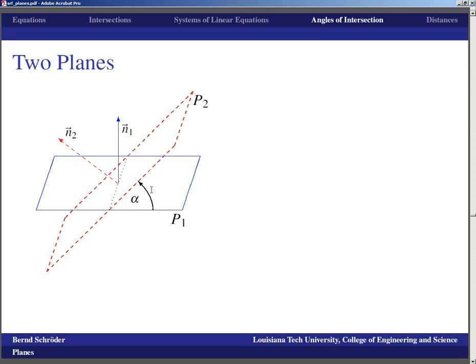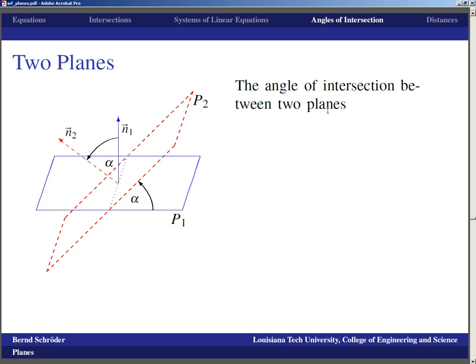And so that means that this situation of P1 and P2 viewed edge on is just rotated 90 degrees in the normal vectors, which means the angle between the normal vectors is this angle alpha. Here's where we have to be careful. It could be that one of the normal vectors sticks out the wrong way, but that's summarized pretty easily.